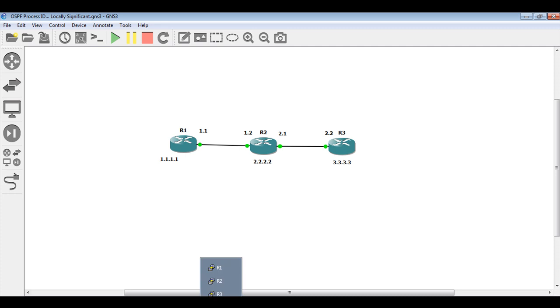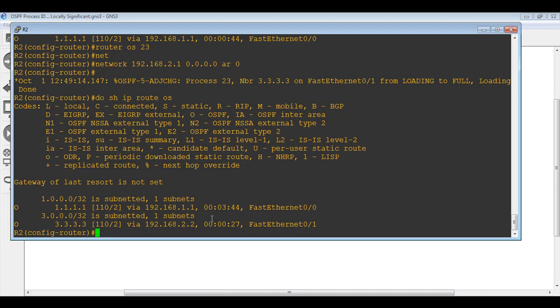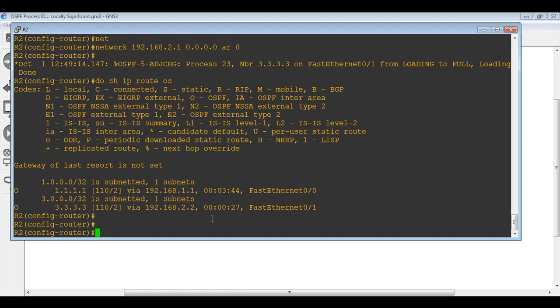So in order for us to move the routes between the two process IDs, we have to configure redistribution.